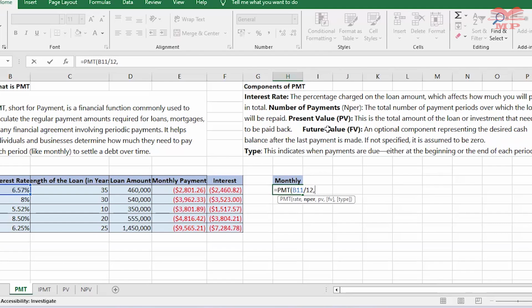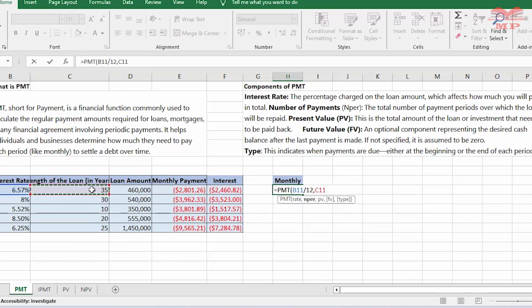Okay. Now, when we talk of payment periods, it depends on how many times you're expected to pay. Like in this case, there's an amount that will be repaid every month. Okay. So if you look at this column, it is the length of the loan in years. This one here. So if we pick that, it is not accurate in terms of the number of payment periods.